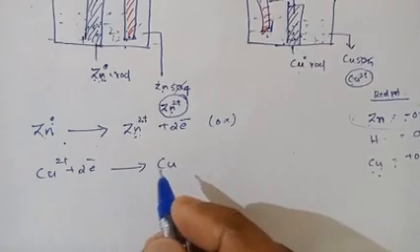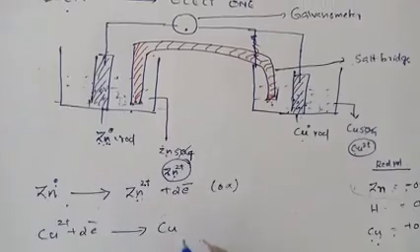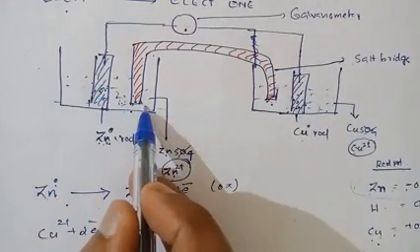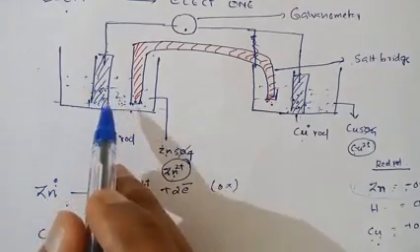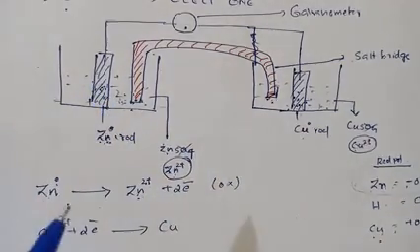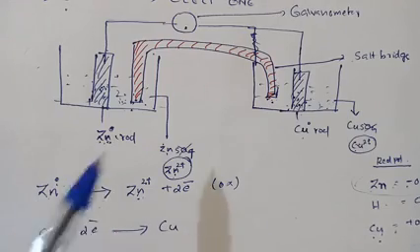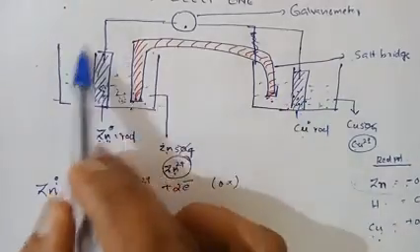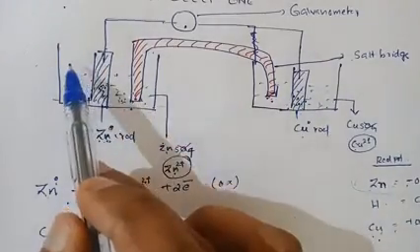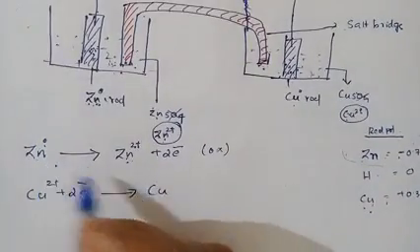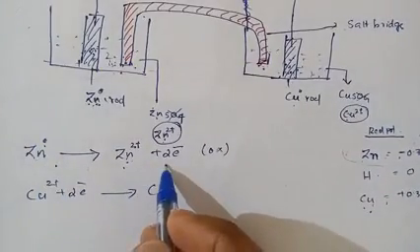Okay, so 2 reactions are there. What are the 2 reactions? Zinc is converted to Zn2+ plus 2 electrons, because zinc will show oxidation reaction. According to the reduction potential series, if we connect zinc and copper, oxidation happens for zinc and reduction happens for copper. So zinc will convert into Zn2+ and 2 electrons.